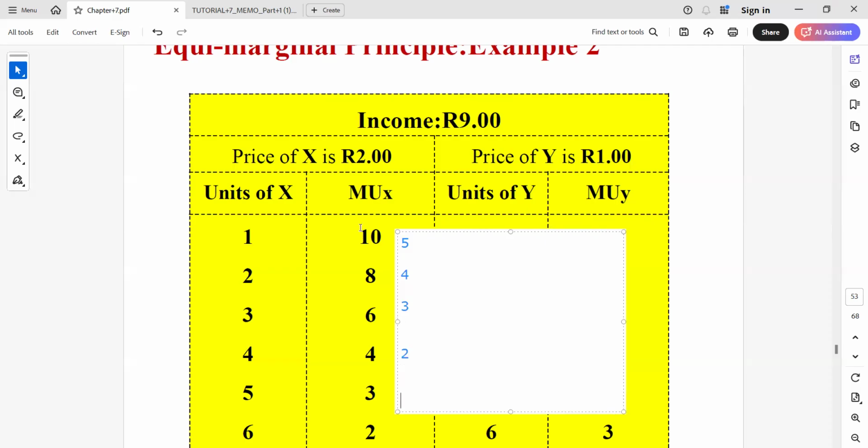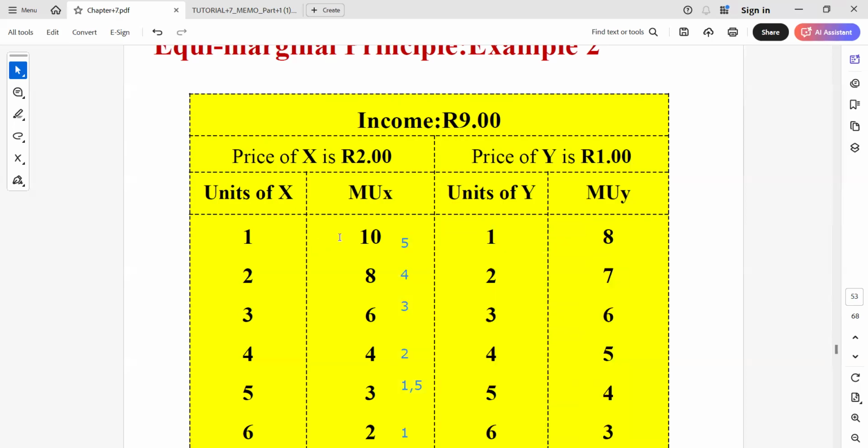Then 3 divided by 2, you get 1.5. This is going to be the longest video. It's going to be difficult for me to upload it as well. So 2 divided by 2, it's 1. That is why I like to keep them short. Okay, so these are your marginal utility per rand.